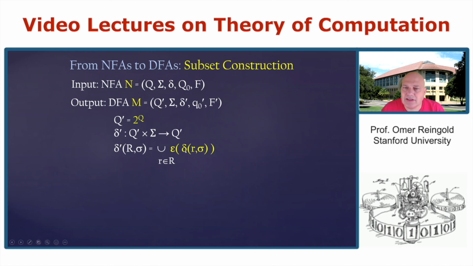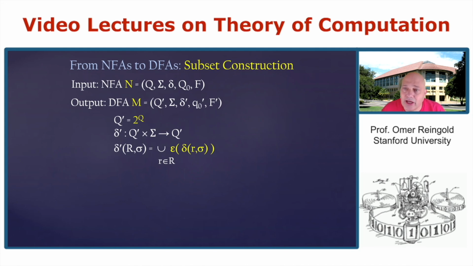This is where we take into account the transition function of the NFA. The NFA N tells us that on state r, reading symbol sigma, you reach zero or more states, specified by delta of r and sigma. So delta of r and sigma is a subset of states, and these are the states you can reach in the NFA from r reading sigma.